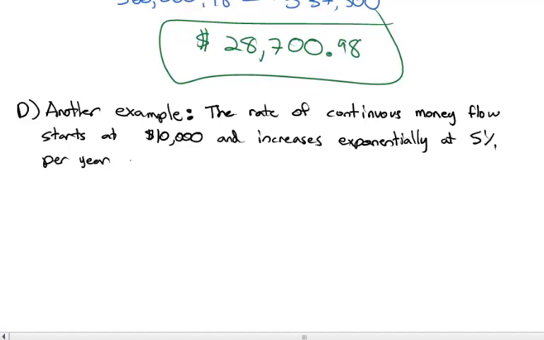And let's say for 4 years. Interest rate now is 11% compounded continuously.